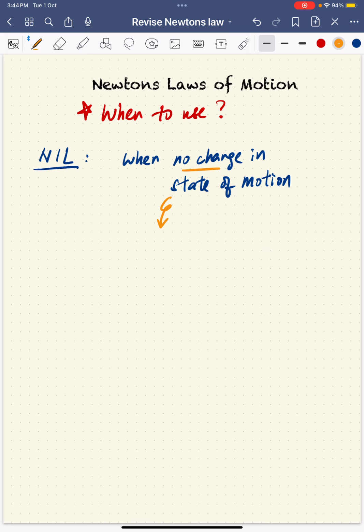It means that if the object is not moving, then it will not start to move. So when an object is stationary. Another case can be when the object is already moving, then it must be moving with constant velocity, meaning constant speed in the same direction.